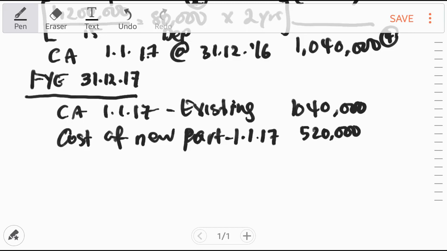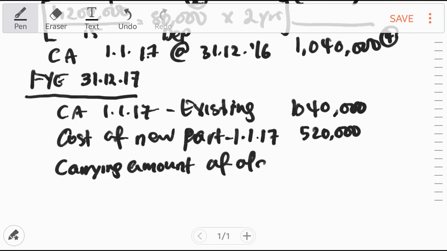Okay, and the next step is for you to look at the carrying amount of the old component, the old part, that is being replaced.